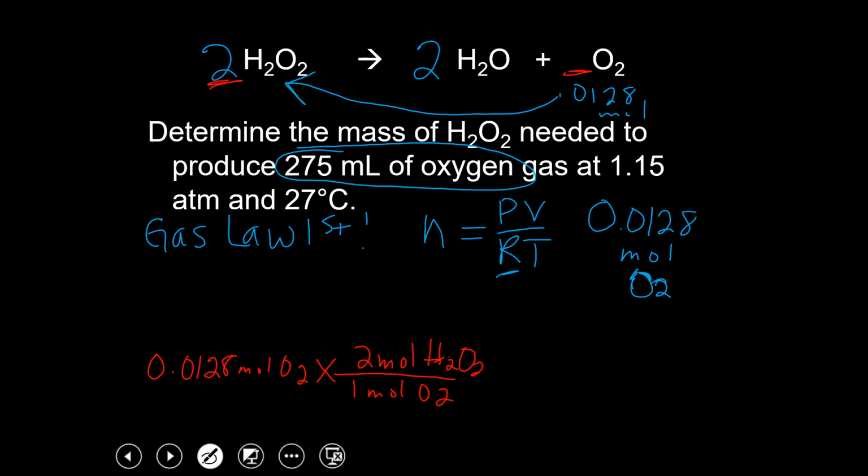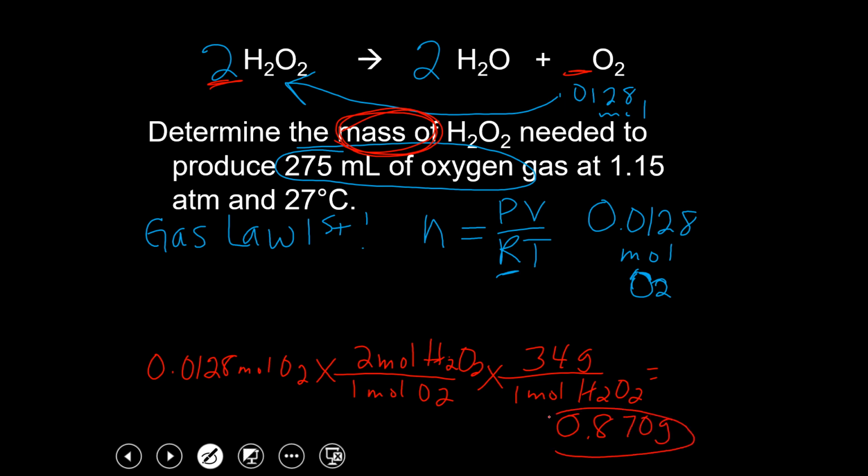That's hydrogen peroxide. If this said find the moles, you're done, but it says find the mass. So you need another step. Got to add it up. And what is it? 34 grams. And I got, when I solved this one, 0.870 grams of the H2O2.